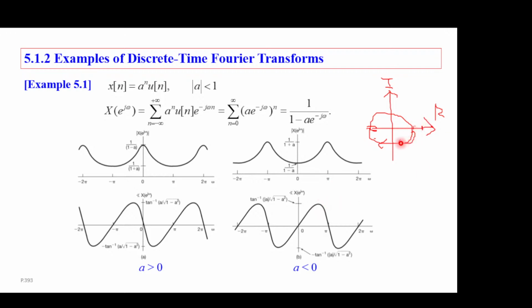And then you walk back as omega goes from pi to 2 pi, and this value decreases back.